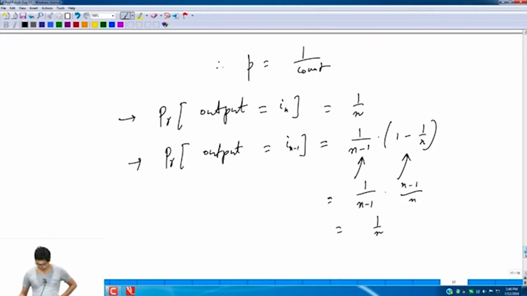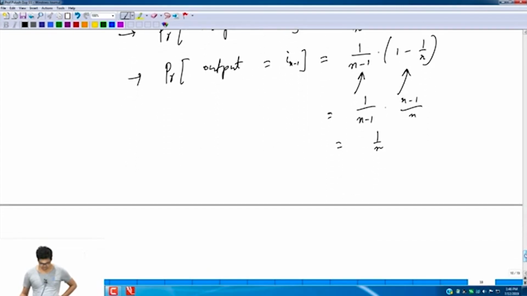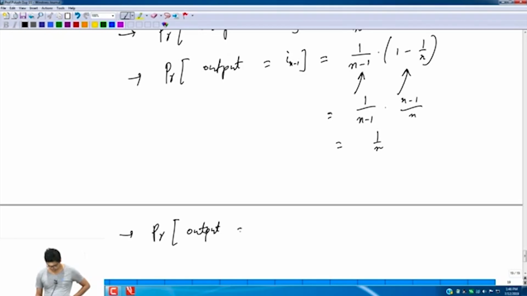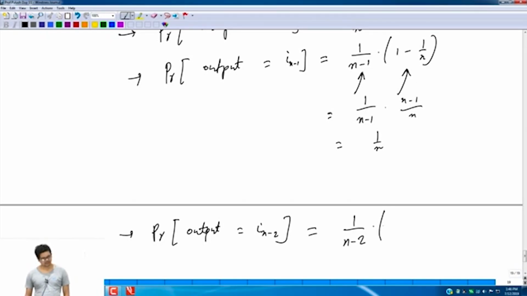Let's do IN minus 2. This item first has to get selected at the n minus 2th step. That happens with probability 1 by n minus 2. It shouldn't get replaced in the next step, which happens with probability 1 minus 1 by n minus 1, and it also shouldn't get replaced in the nth step.